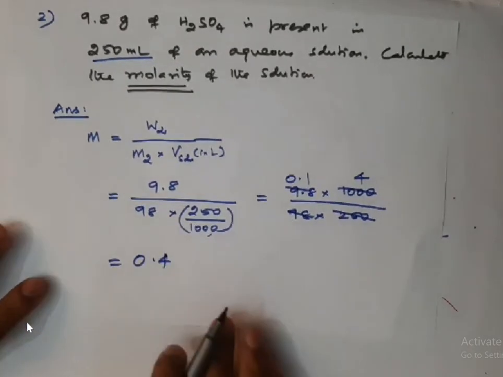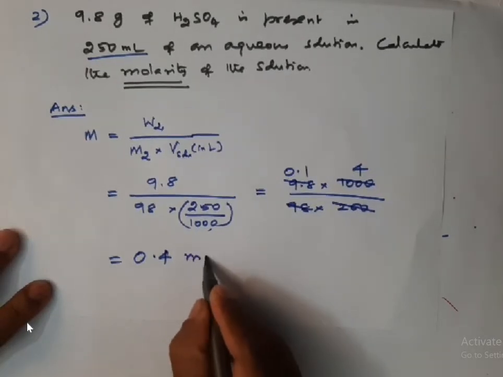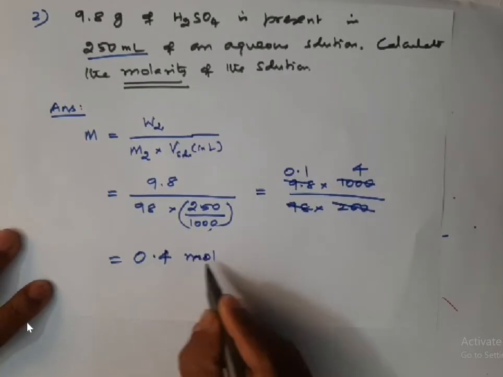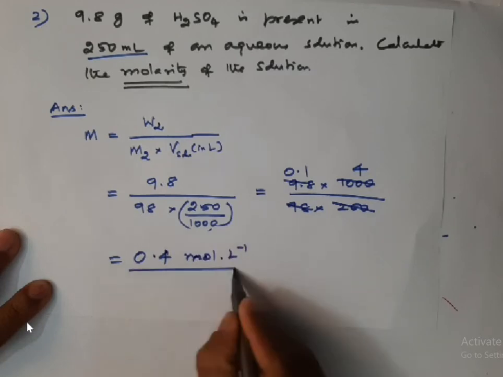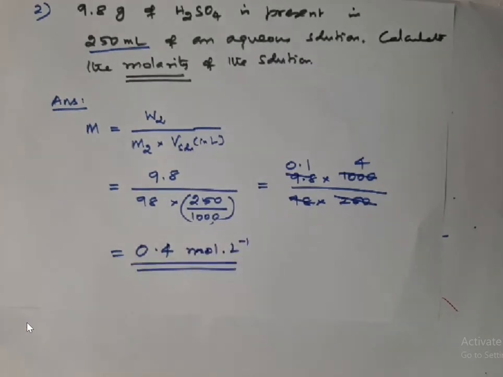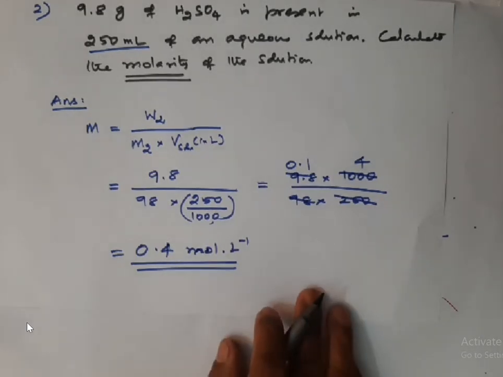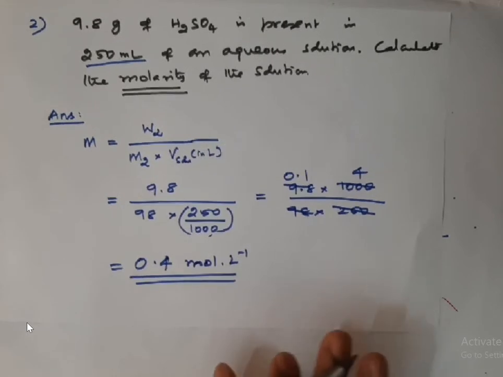Okay, so this is the molarity, and the unit is mole per liter. So molarity of the solution is 0.4 moles per liter. Is this clear, students? Okay, take down. Yes, sir.